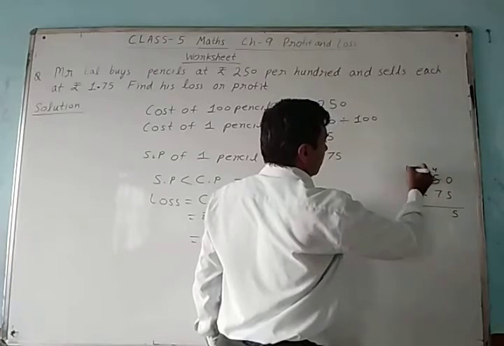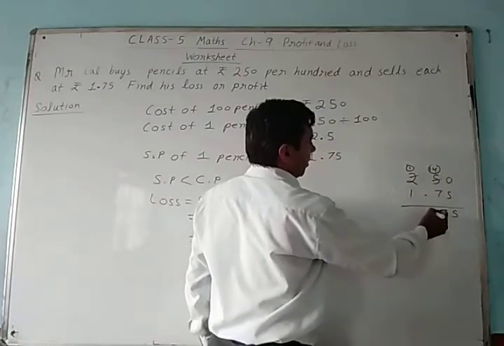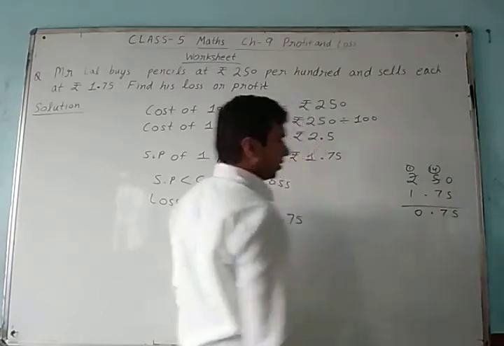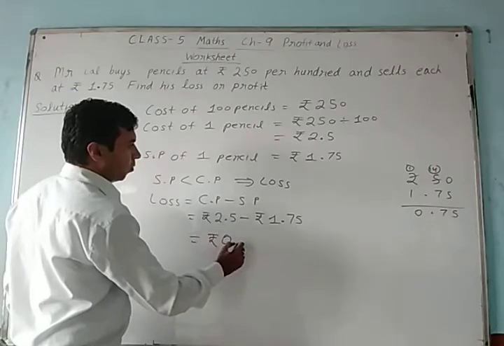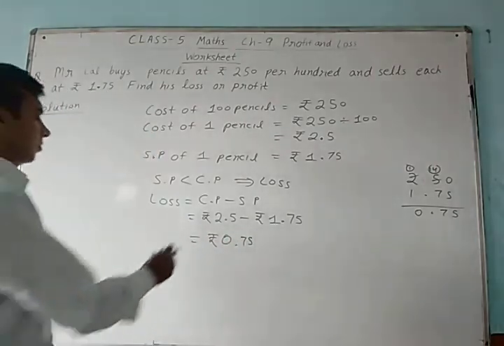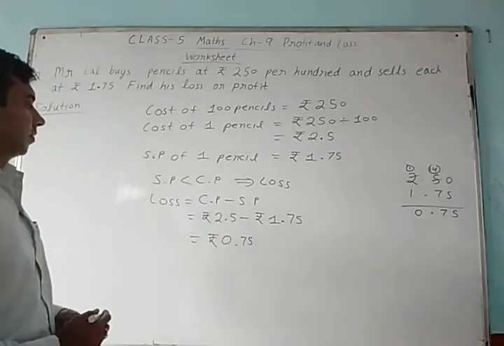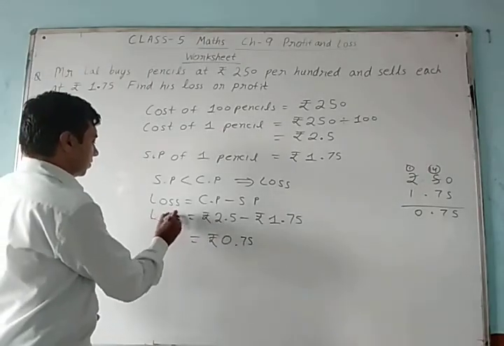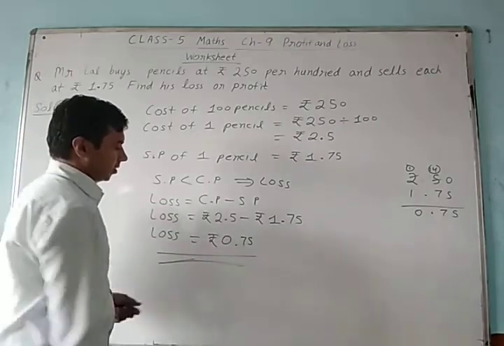It will go 1 from here and it will become 14. 14 minus 7, 7. 1 minus 1, 0. So we get rupees 0.75. This is our answer.